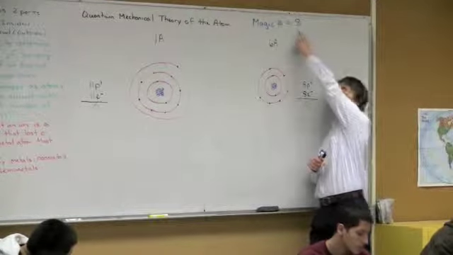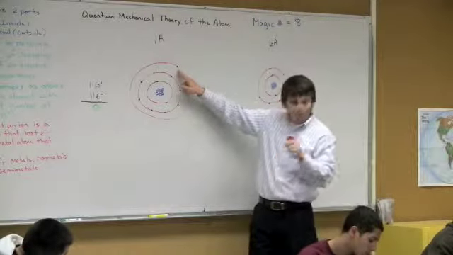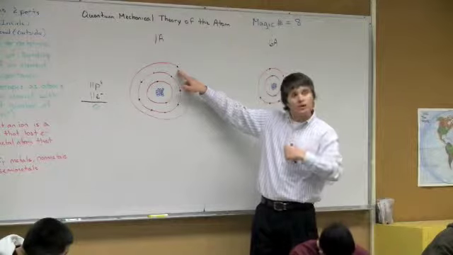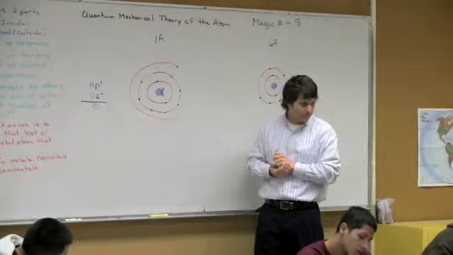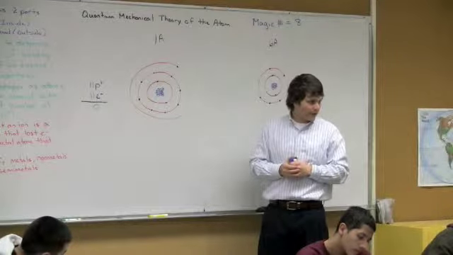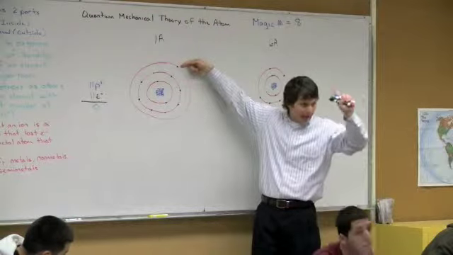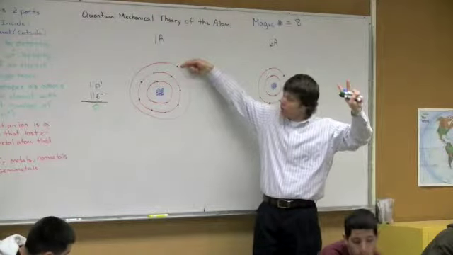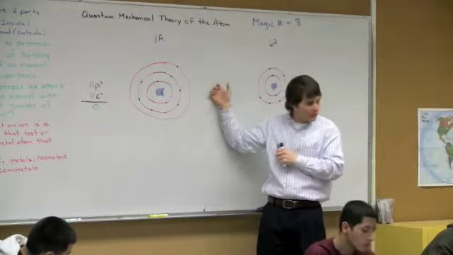That means it's very close to having 8, but sodium only has 1 outer electron, so it's pretty far from getting 8. It would have to gain 7 more. So here's what our rule is going to be. If on the outside energy level the atom only has 1, 2, or 3 electrons, it will lose the electron.